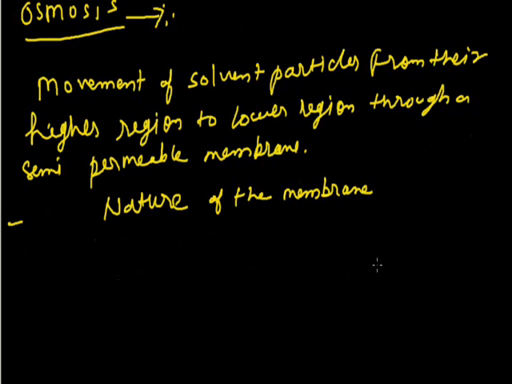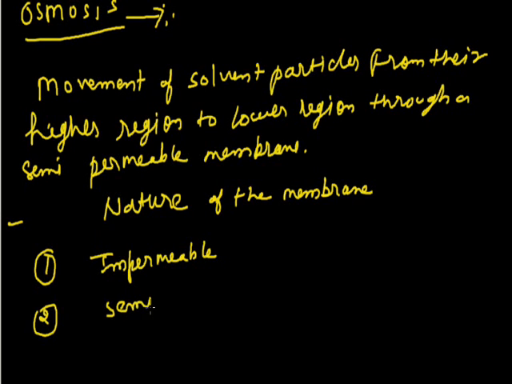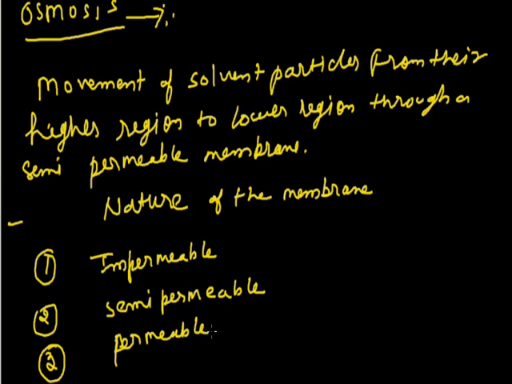If I discuss the nature of the membrane, first we have the impermeable membrane. Second, there is semi-permeable, and third there is permeable. We have three kinds of membrane on the basis of their nature: impermeable, semi-permeable, and permeable.